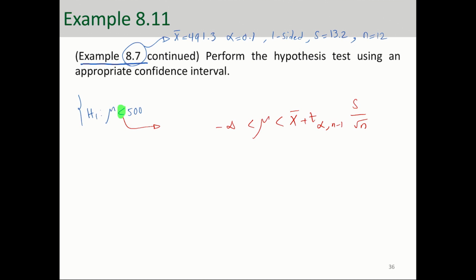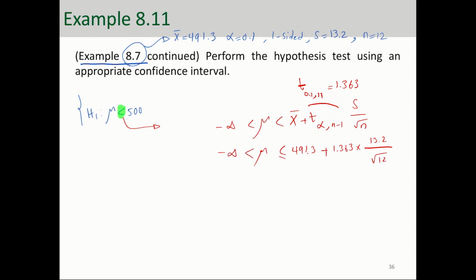Again, replacing the numbers in there, x bar is 491.3 plus this t value, t of 0.1 and 11, which we already read from the t table. It's 1.363 times 13.2 over square root of 12.